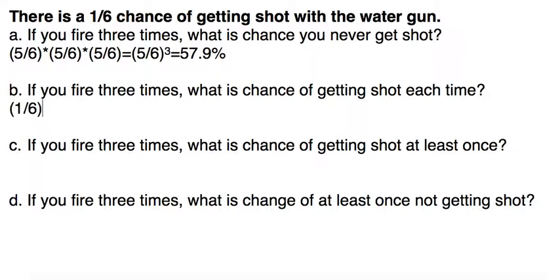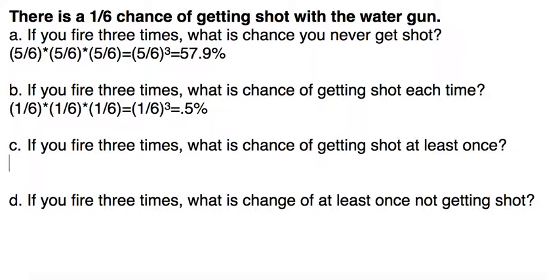So 1 out of 6 for the first one, times 1 out of 6 for the next shot of the gun, times 1 out of 6 for the third. So this time it's 1/6 to the third power, right? And that on a calculator would give us a very, very small 0.5% chance. So you'd have to be really unlucky, a 0.5% chance, to get shot each time when you fire 3 times.